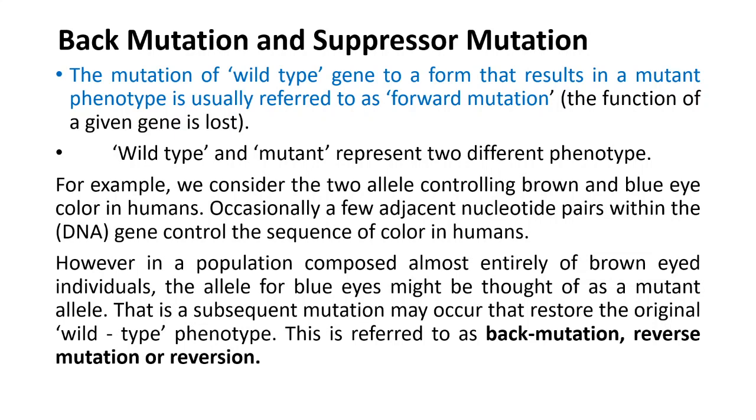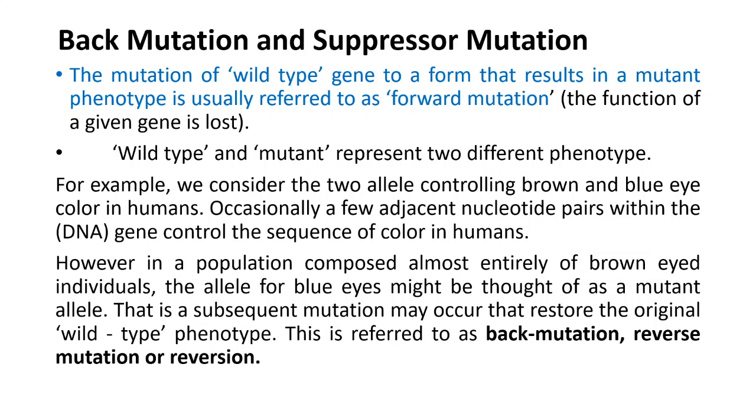Next is about back mutation and suppressor mutation. The mutation of a wild-type gene to a form that results in a mutant phenotype is usually referred to as forward mutation. Wild-type and mutant represent two different phenotypes.